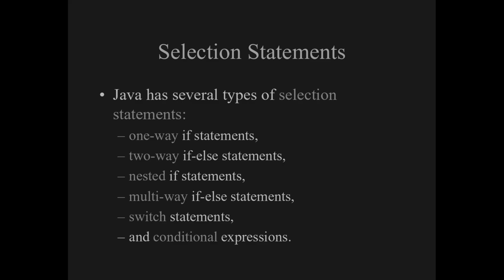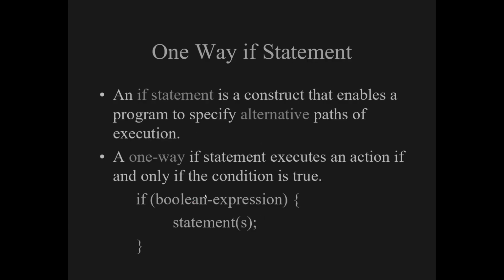Now in Java, you have multiple types of selection statements. You have one-way or two-way if-else statements, nested if statements, multi-way if statements, switch statements, and conditional expressions. Of course, you already know most of this, so I'm just going to go over it really quickly.